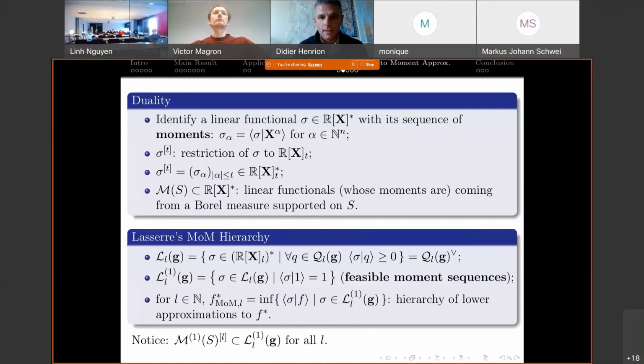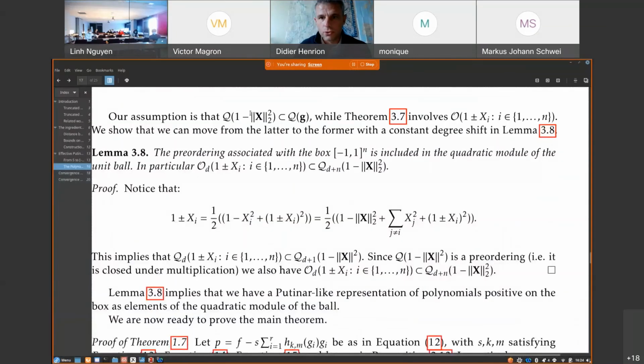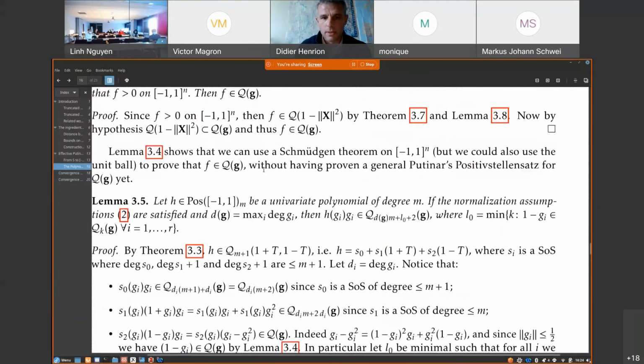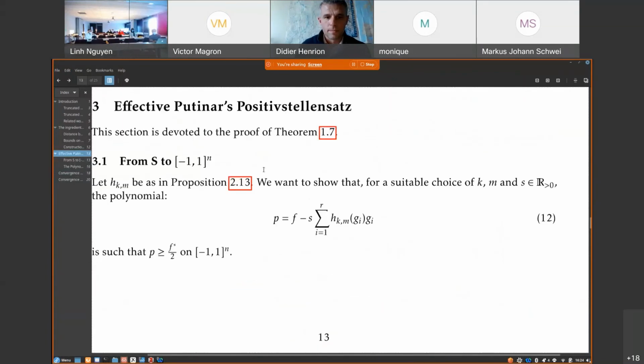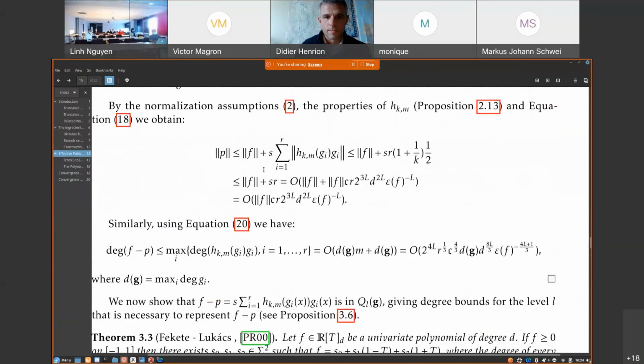And then I have a side question, but I guess you also get the same result to approximate positive polynomials by sums of squares from the inside, right? Yes, I didn't present it, but that should follow immediately, no? Yeah, it is this uniform Weierstrass theorem. I don't remember where it is.